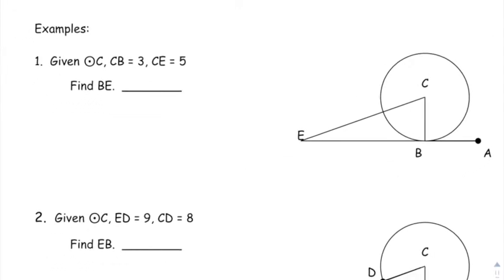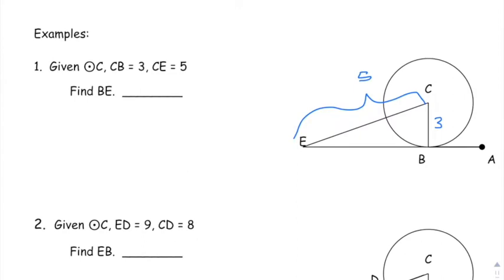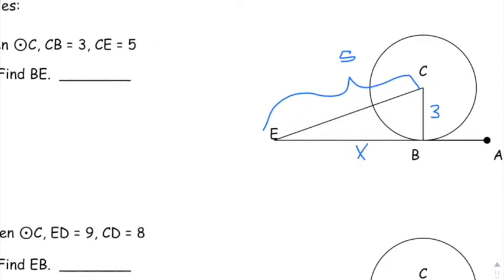We're going to talk more about just one tangent line at a time here. So check this out. You have CB is 3, and then you have CE, the entire thing, is 5. They're going to ask us to find BE, so we'll call that X. Since this is a right triangle, we can say X squared plus 3 squared equals 5 squared.